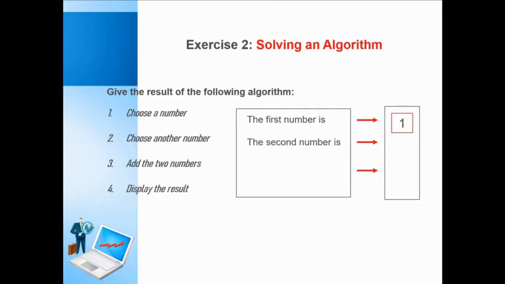Then the second number is, so we use code number 2, which is choose another number. And then the last one is the sum of the two numbers, so we use code number 3, which is adding the two numbers. Now it's complete.